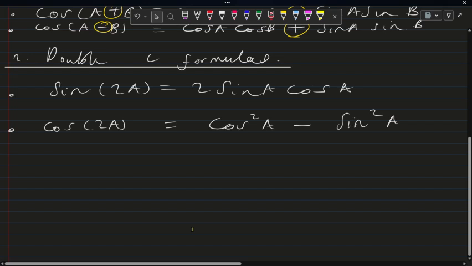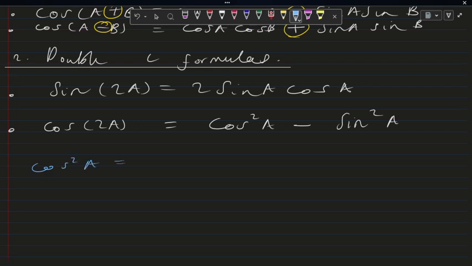Now this is a very interesting one because we established previously, if you will recall, that cos squared a is equal to 1 minus sine squared a, and the same can be said about sine squared, that sine squared a is equal to 1 minus cos squared a. This implies that we can obtain two other formulas from this one.